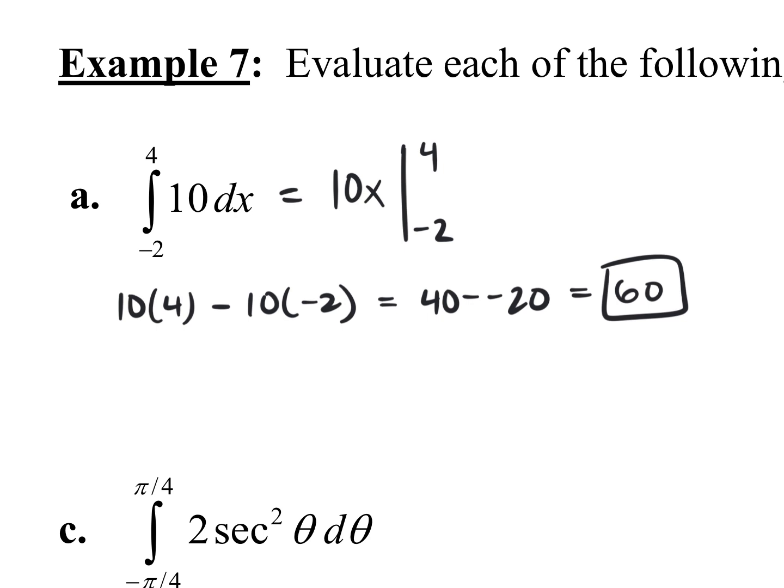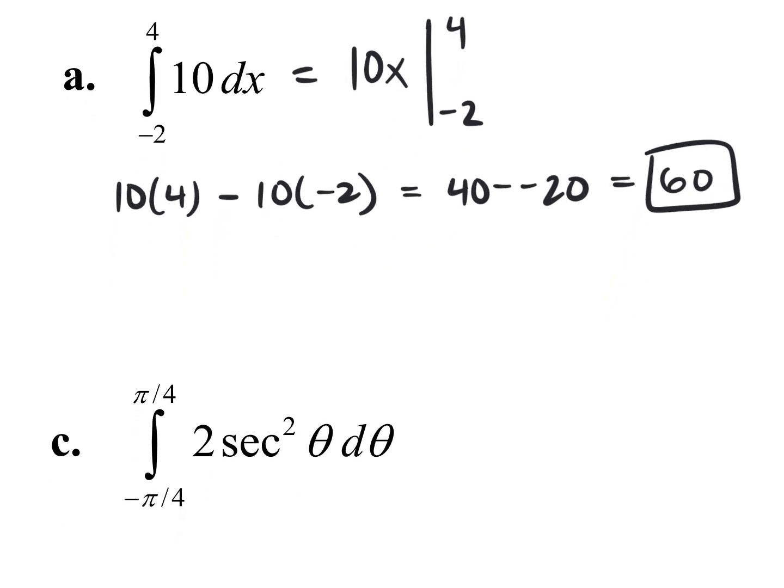We're going to go down the left-hand side here, and then we'll go over to the right. Okay, I've got from -pi/4 to pi/4 of 2 secant squared theta d theta. So we have to think, what is the integral of secant squared theta? What can I take the derivative of to get secant squared of theta? Tangent.